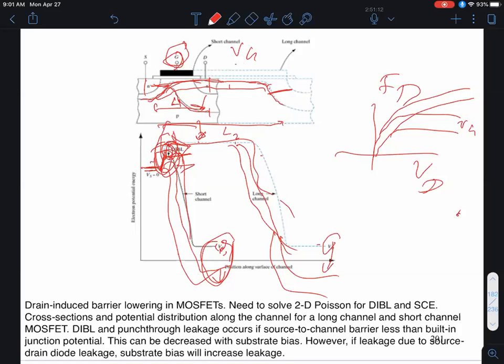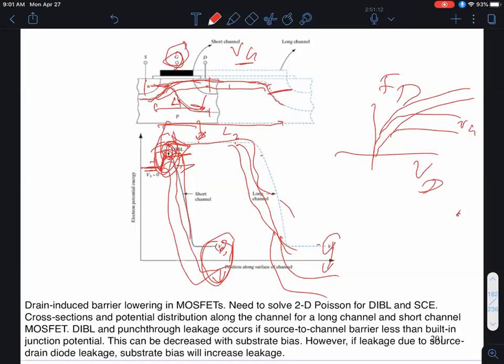But then if you apply a gate voltage, you can lower the potential barrier between the source and the channel. And if you lower it sufficiently by applying a voltage greater than the threshold voltage, you flow in carriers from the source and the drain into the channel, form an inversion layer, which then connects up the N plus source to the N plus drain, and the transistor turns on.